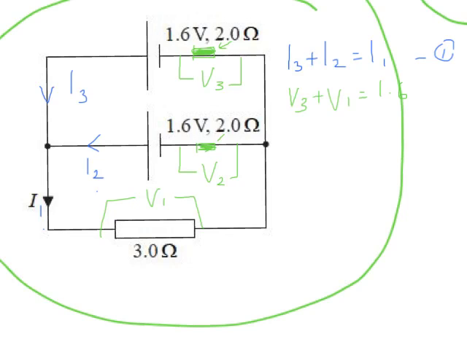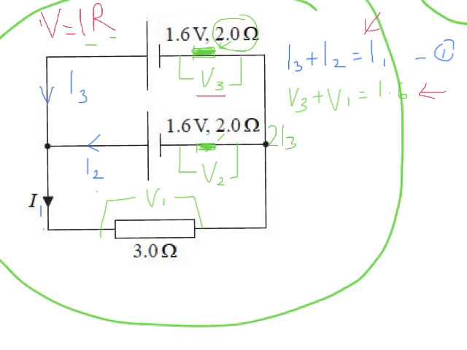So we can use voltage equals current times resistance in this equation to bring in our current terms. Let me substitute these values in, considering that V3 is equal to current times resistance. So V3 would be equal to I3 times 2.